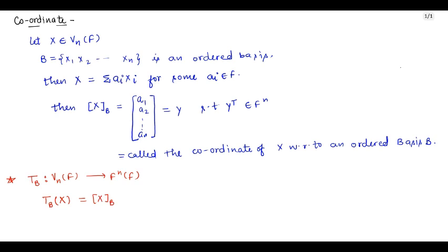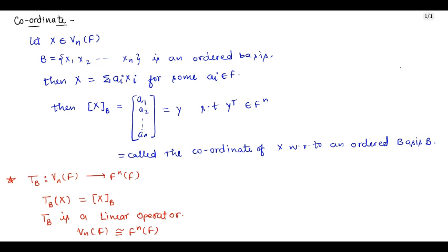Is T_B a linear operator? Yes, it is a linear operator, because Vn over F and Fn over F are isomorphic.